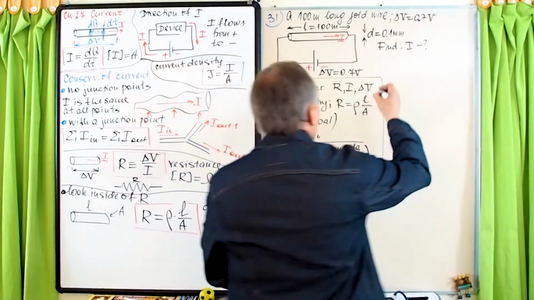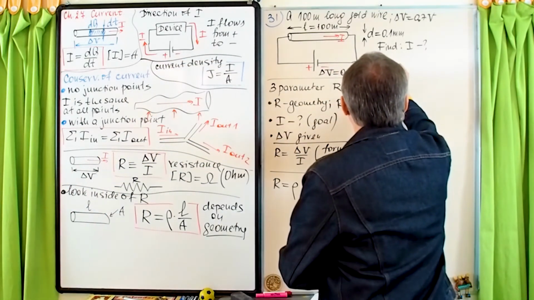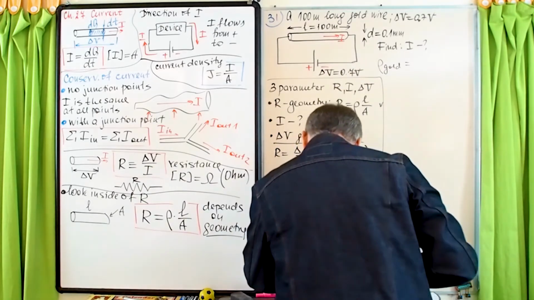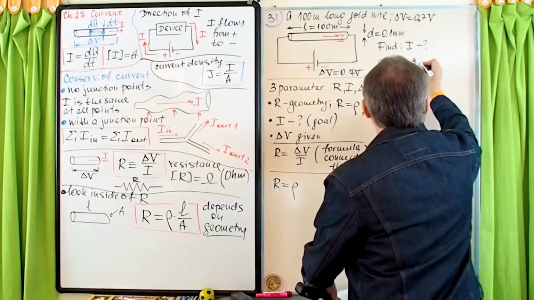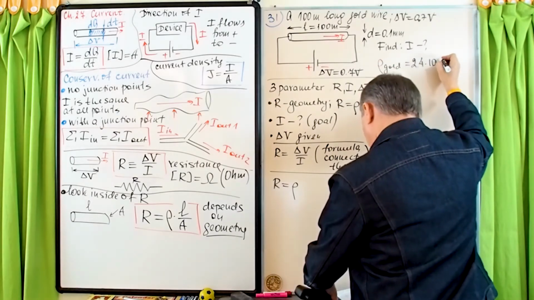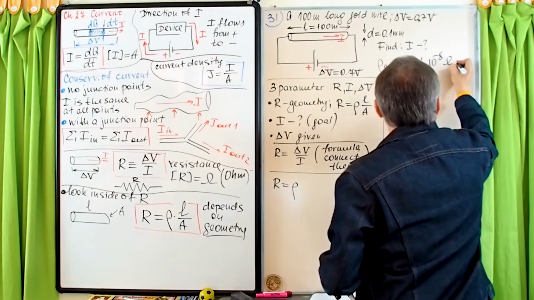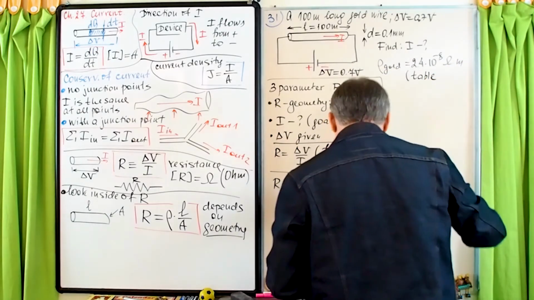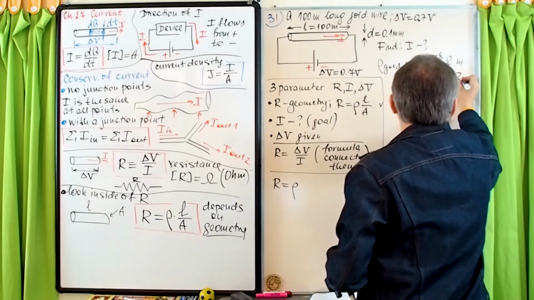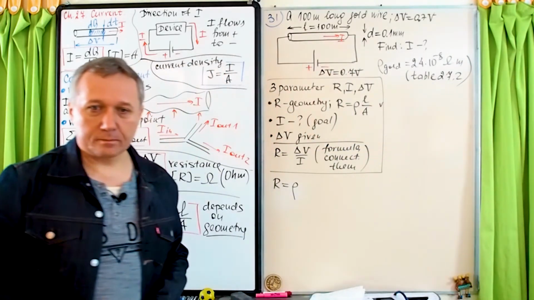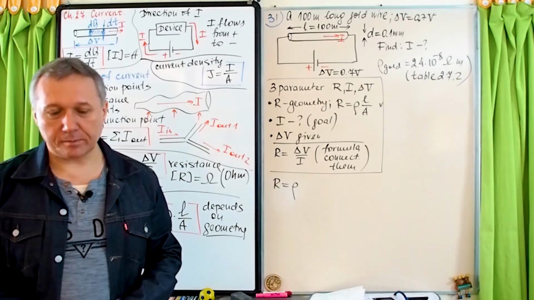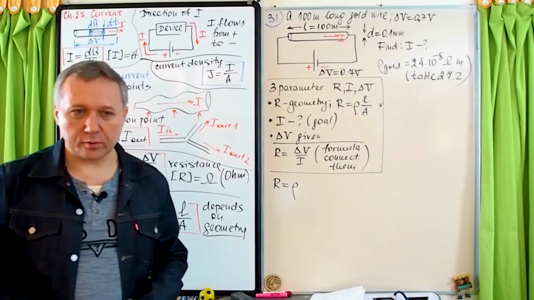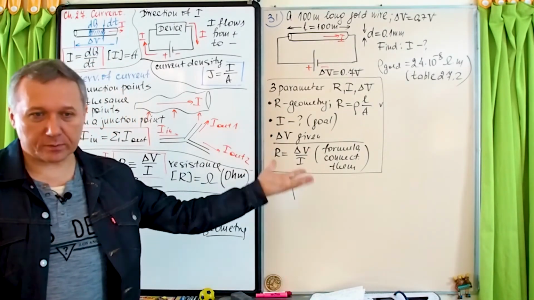Rho of gold equals 2.4 times 10 to the power of minus 8 ohm meters. That can be found in table 27.2. Google can give you slightly different numbers, so try to use the book, because Mastering Physics is programmed using numbers from the book.